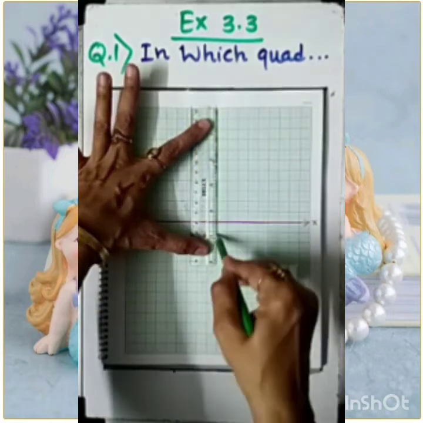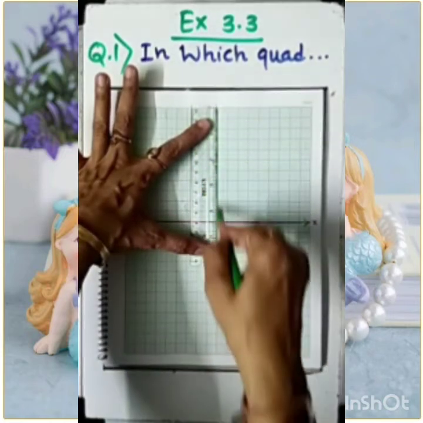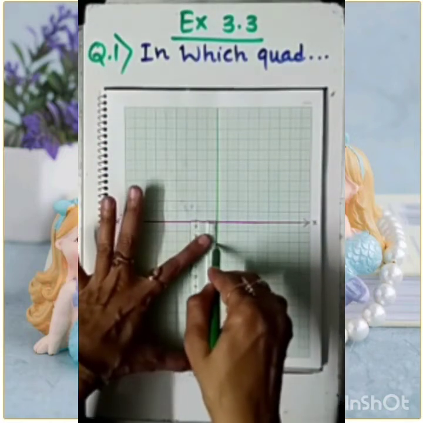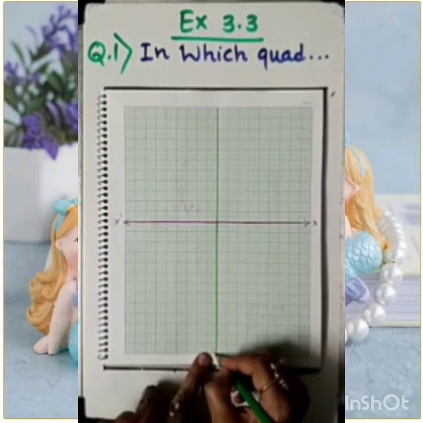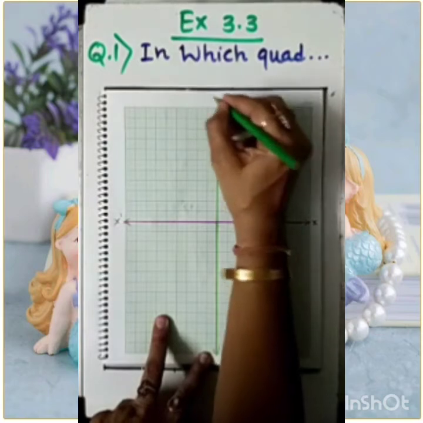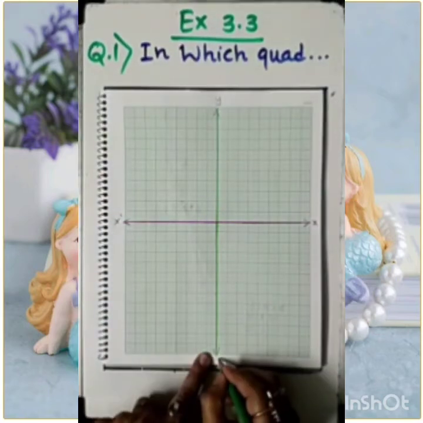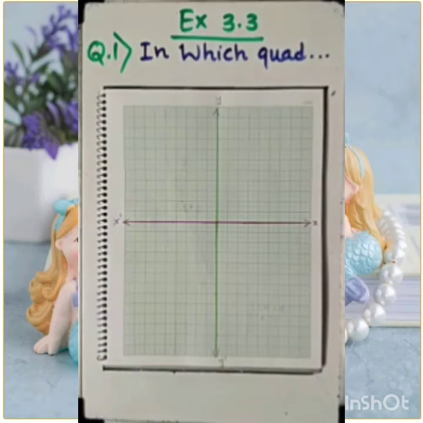So I am drawing it from here. This is the y-axis, and I am mentioning here y and y dash. Is it clear? I hope you have done up to here.